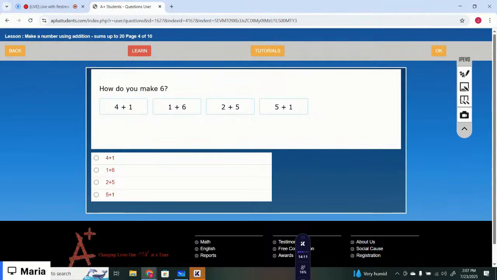How do you make 6? That is 5 plus 1. Option number 4 is the correct option.